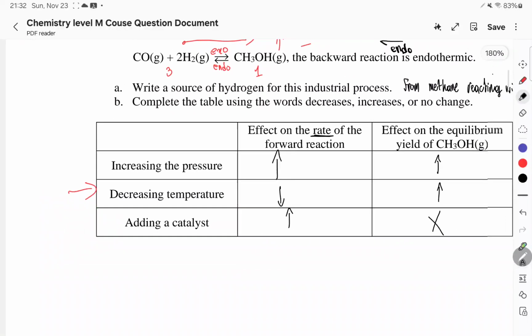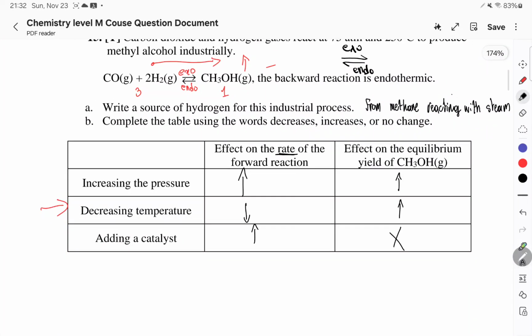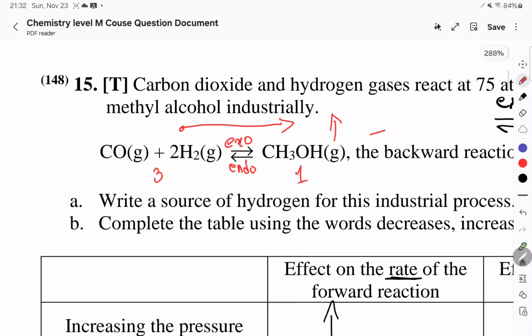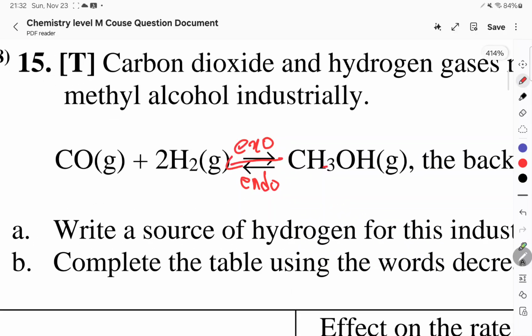Now we'll apply the temperature rules: when temperature increases, the concentration shifts in the endothermic direction and vice versa. So here the temperature decreases, and when it decreases, the direction of the concentration flow goes in the exothermic direction this time.